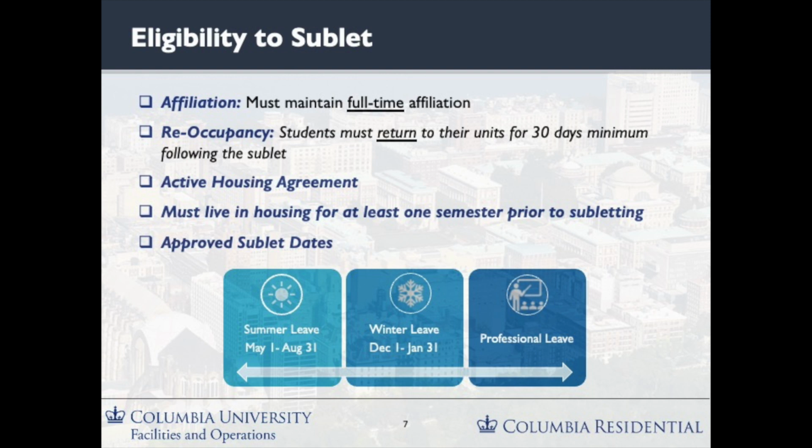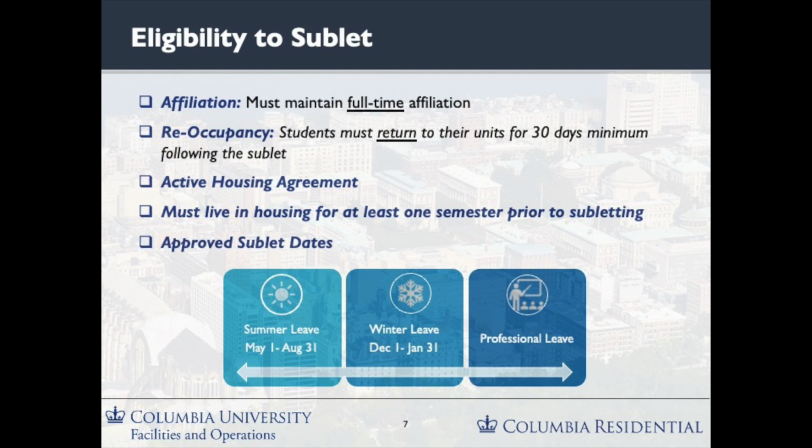We also have approved sublet dates. So you can see there's summer leave, winter leave, and professional leave. We have extended these periods slightly. So summer leave is May 1st to August 31st. Winter leave is December 1st through January 31st.